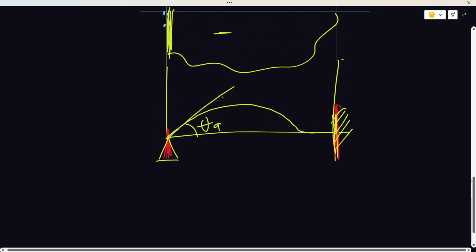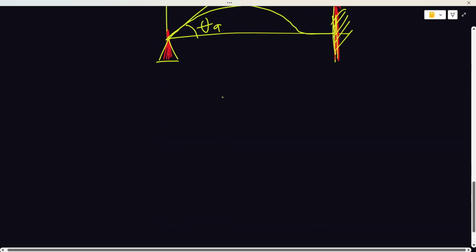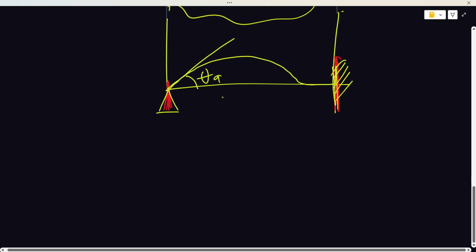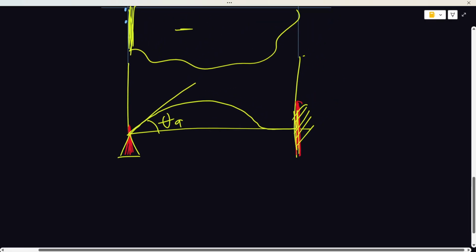the first scenario you have is that the near end is a hinge. Let me copy the elastic curve.